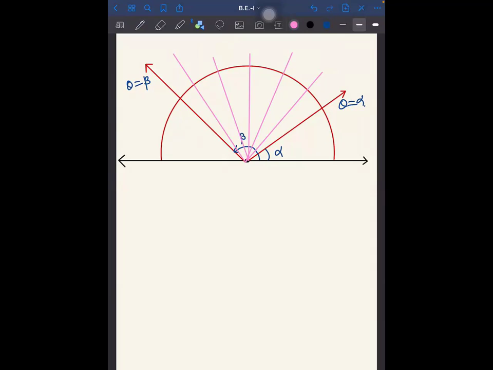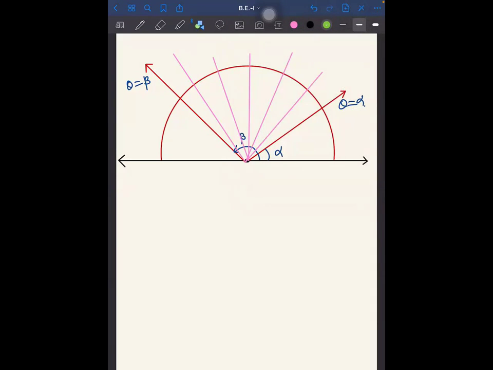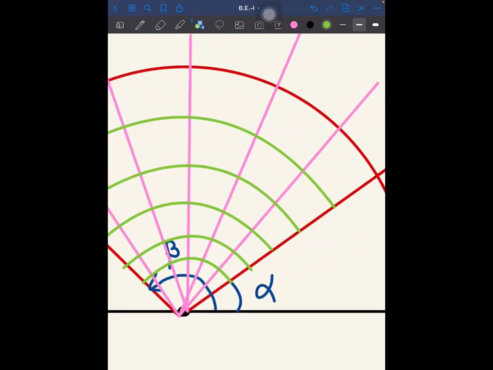Right. Is it fine? Can you see those grids? Yes, sir. So let me pick one grid over here.